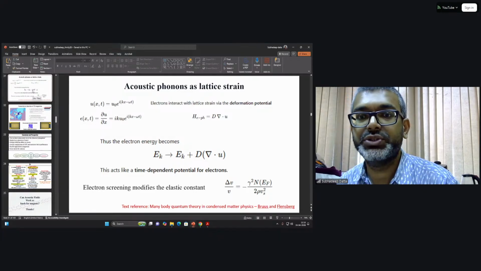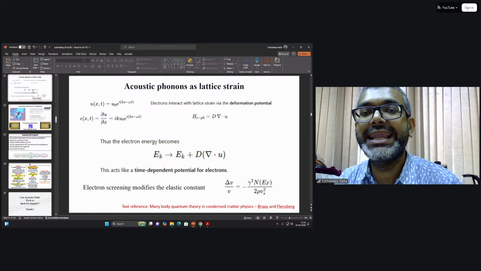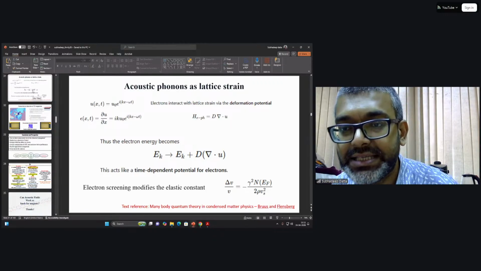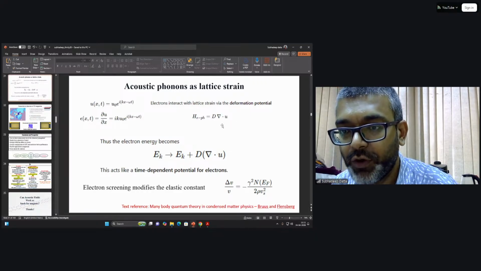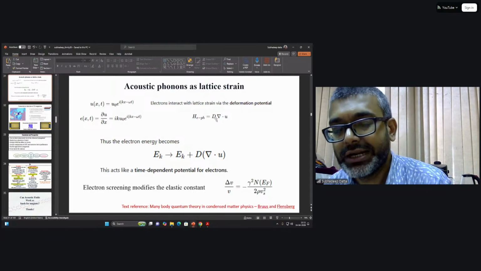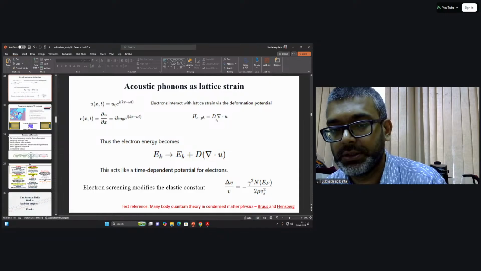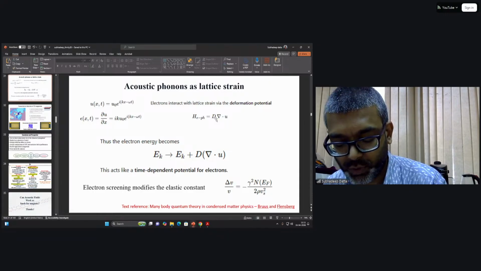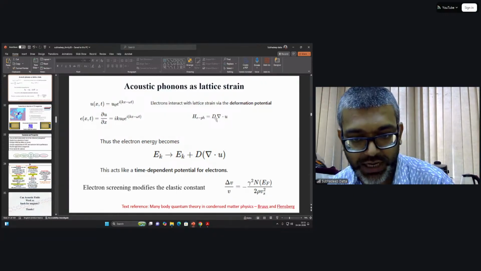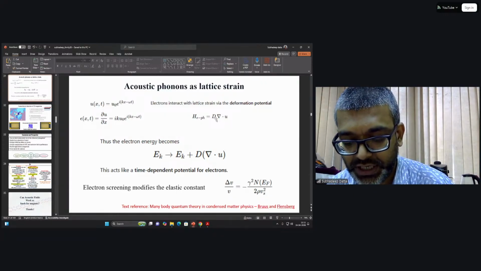Yes. So an acoustic field will create a strain. If you have electron phonon coupling in the system, as you can see here, this deformation potential will perturb your electronic current. If I answer you correctly, is this the question?